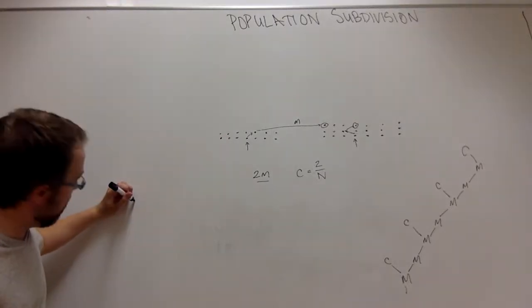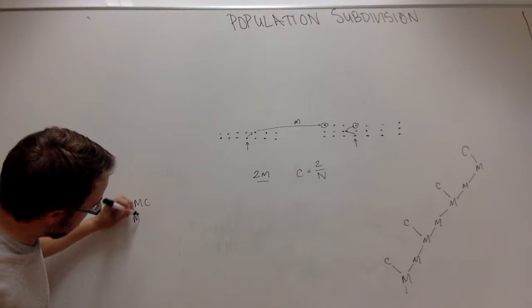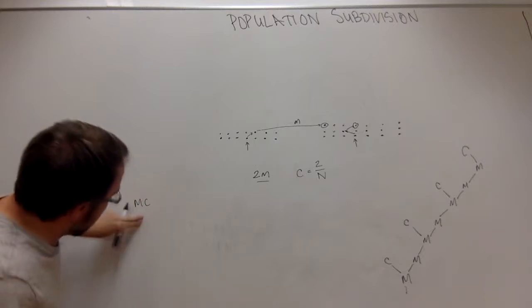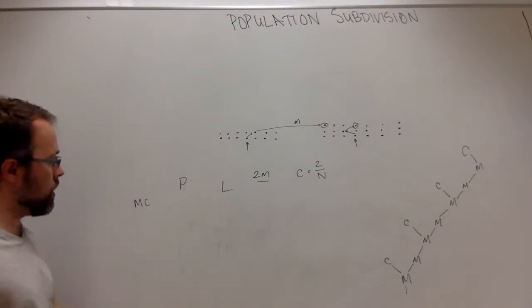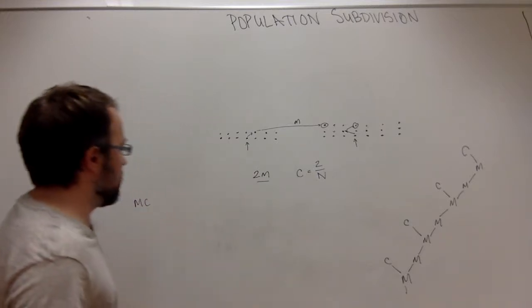So let's start with the simplest one, MC. Okay, so here's the probability and here's the length. And actually let's do the length first because it's a little bit simpler.